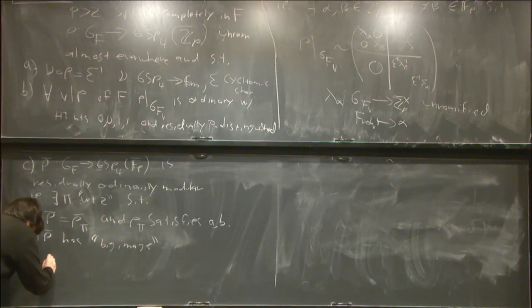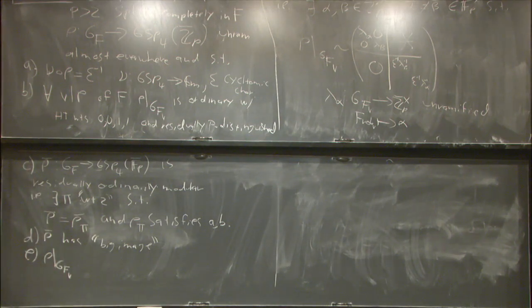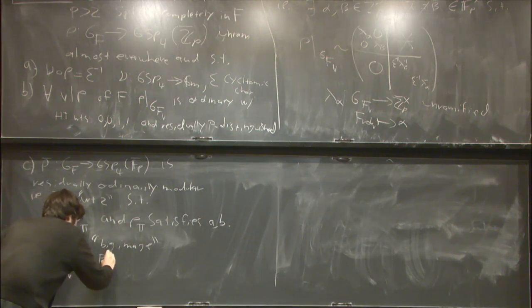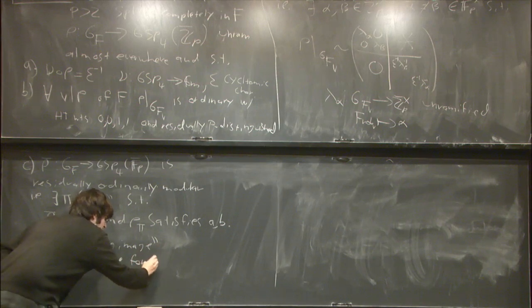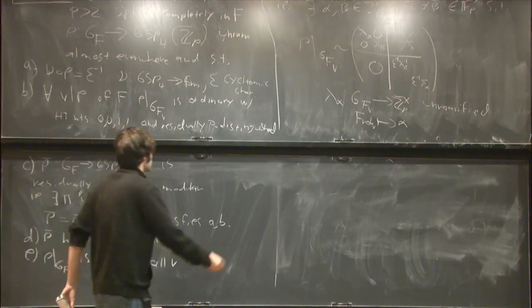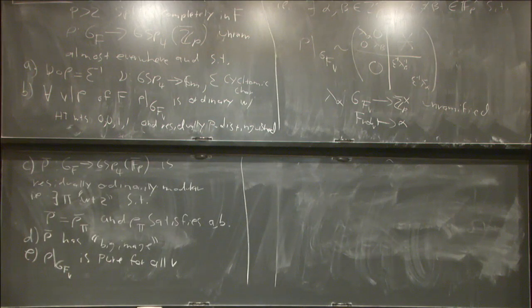And finally, we ask that rho restricted to the decomposition group at some place v is pure for all v. What pure means is essentially that this local representation satisfies the conclusion of the weight monodromy conjecture. If you don't know what that means, it doesn't even really matter.